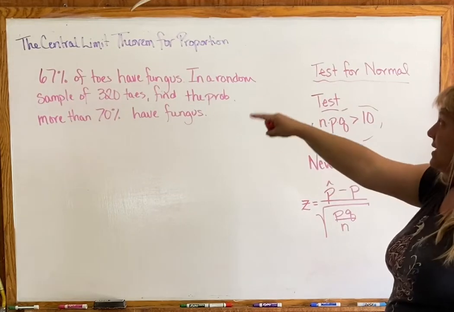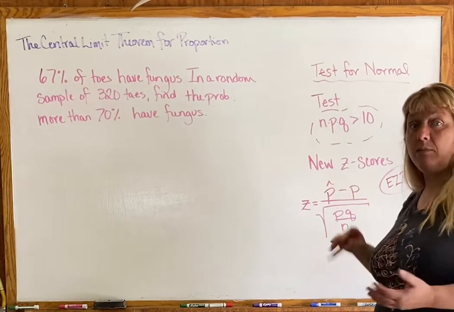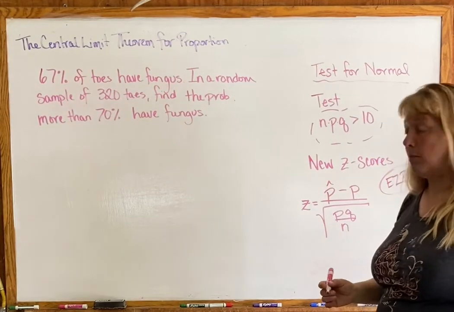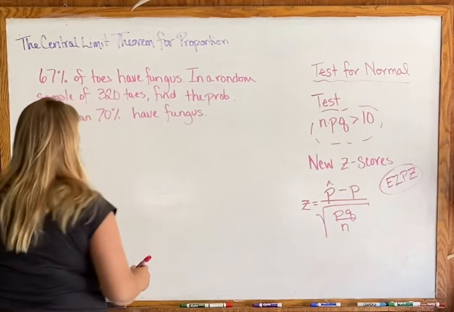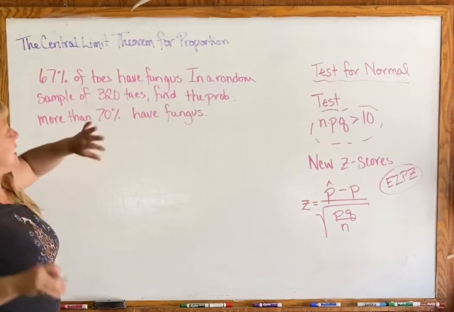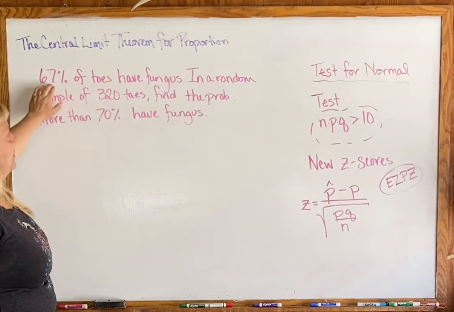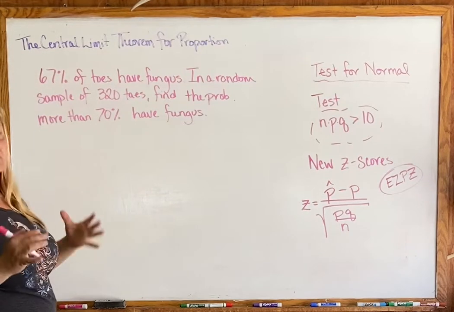Now, notice that it doesn't say anything about being normal. So if we want to be able to do this problem using our normal curve, then we first need to test for normal. So we need to do n times p times q. Now remember, in the statement, you're going to be given kind of an overall number. That is going to be your p. Even if it doesn't say population, this given statement is your p.